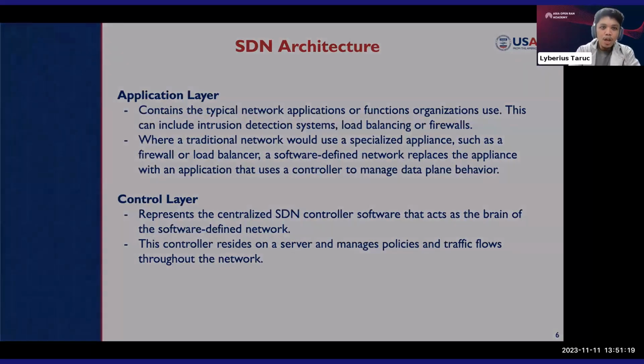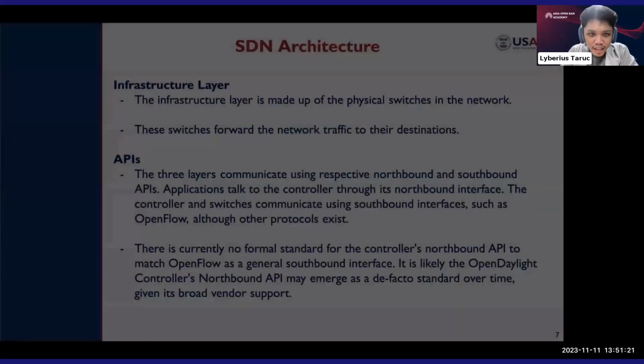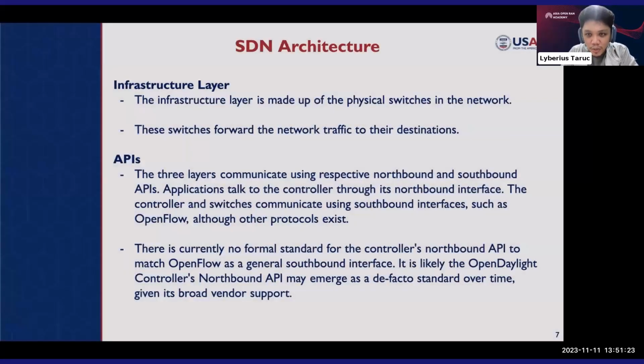You also have the infrastructure layer. This is where your physical switches come in. In a traditional network, you also depend on the switch's running config to set up the protocols and the routing tables. Once it is implemented as an SDN, it essentially becomes, quote unquote, a dumb forwarder.